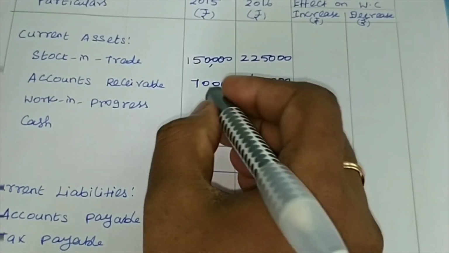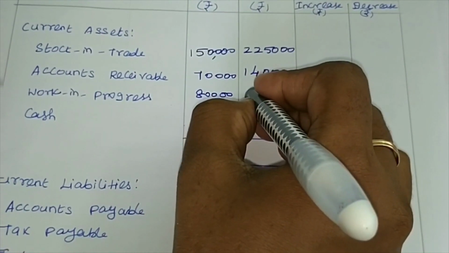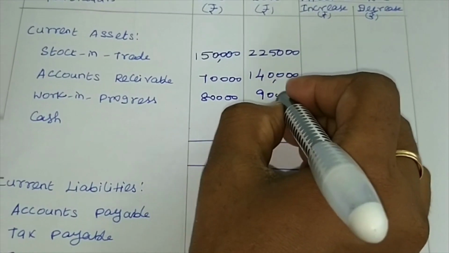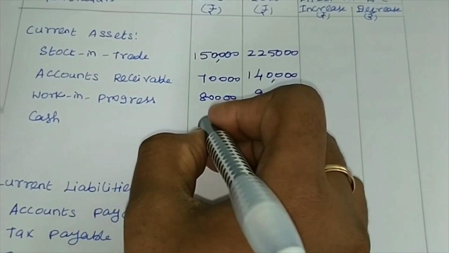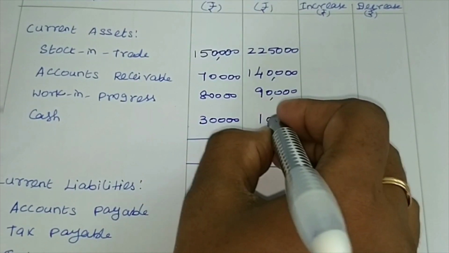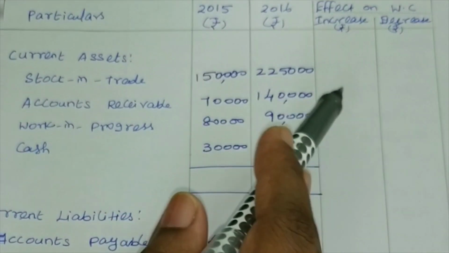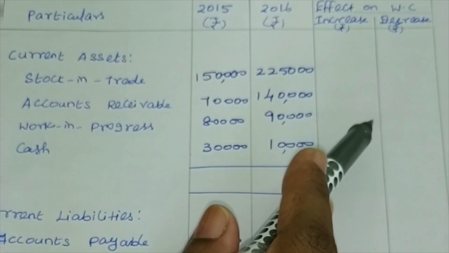Work in progress for 2015, 80,000. For 2016, 90,000. Cash, 30,000 and 10,000. Now find out the difference to ascertain the increase or decrease in working capital.